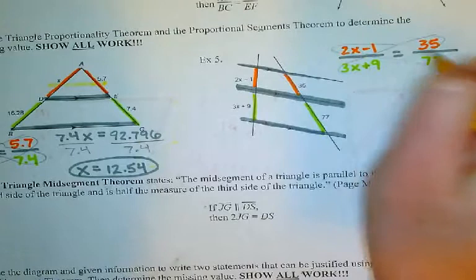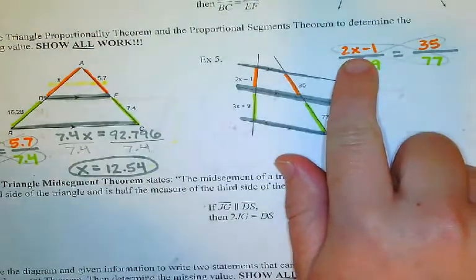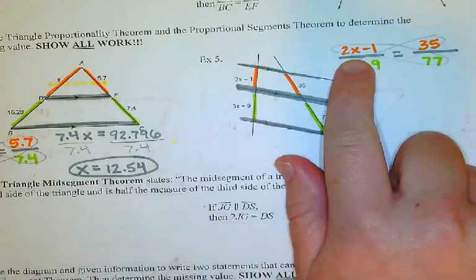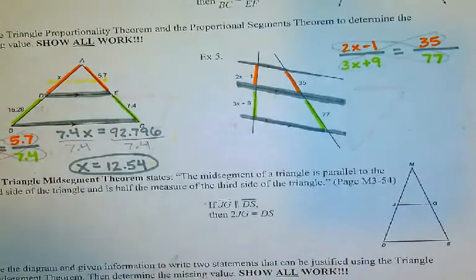Alright, so when we cross multiply here, we've got a polynomial here. This is more than just one term, so guess what we're going to do? We are going to be distributing. This is how that looks.